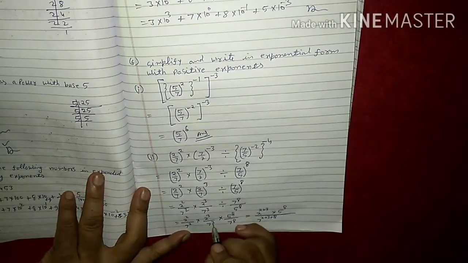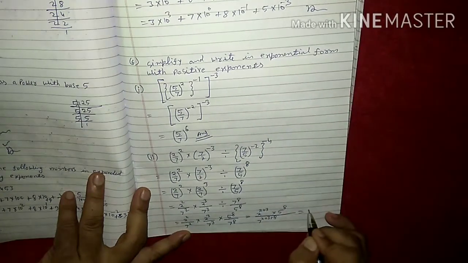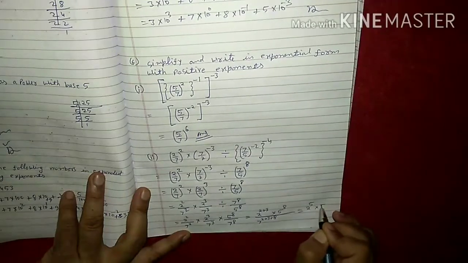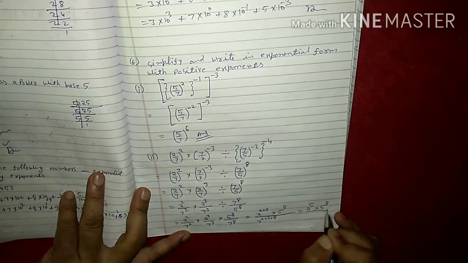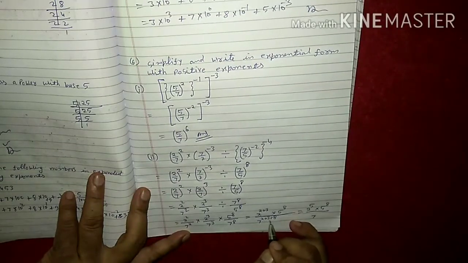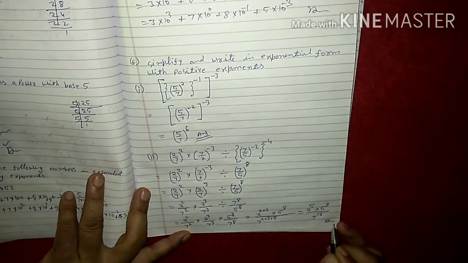So the answer is 2 power 5 times 5 power 8 upon 7 power 13. So this is your right answer.